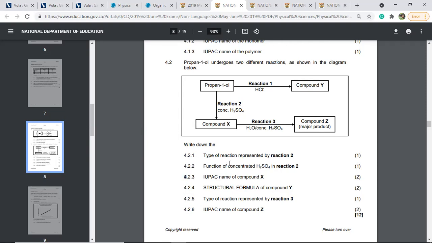So the first question is asking us to write down the type of reaction represented by reaction 2. So what's happening in reaction 2? We have propan-1-ol. There's concentrated sulfuric acid involved, and it gives compound X. So what happens when an alcohol, which is the propan-1-ol, undergoes this reaction?